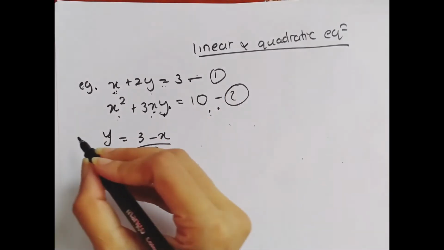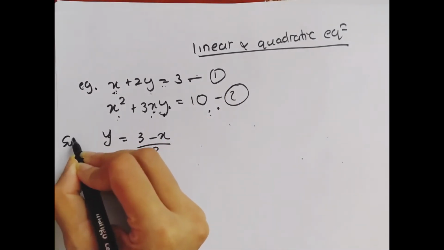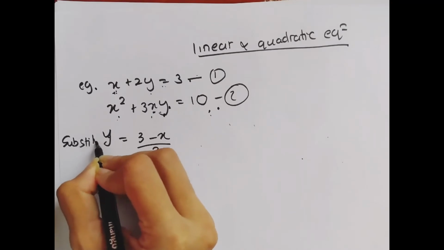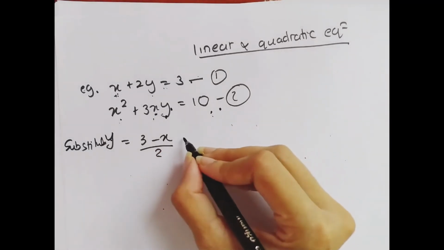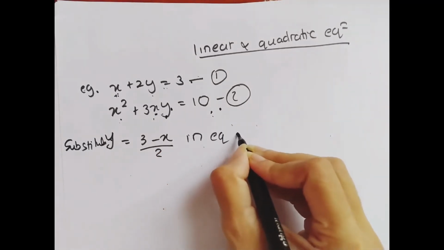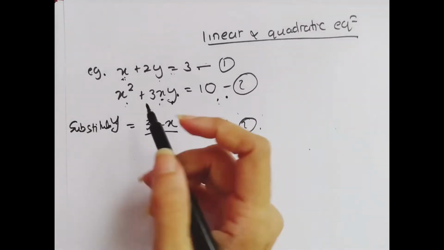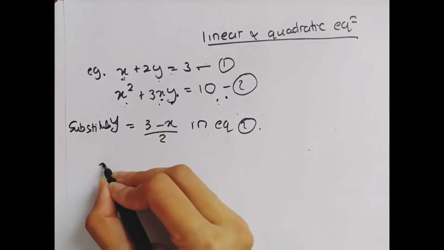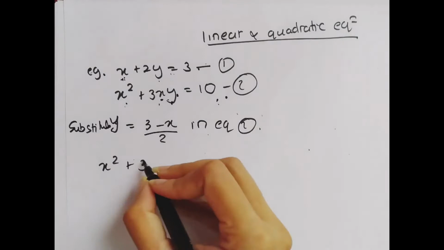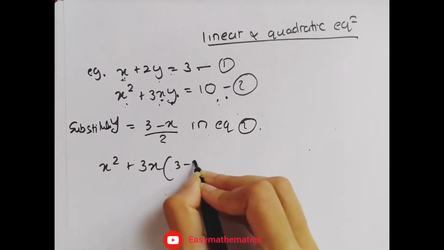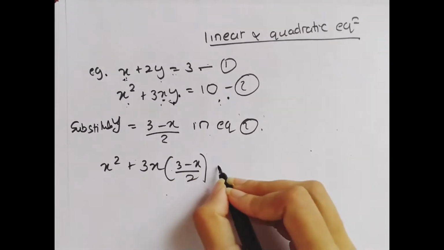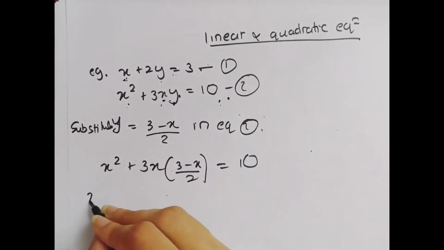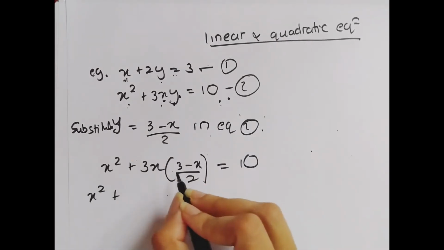Right? So let's substitute this in equation 2. It will be x² + 3x × (3 - x)/2 = 10. Then I'm going to expand.